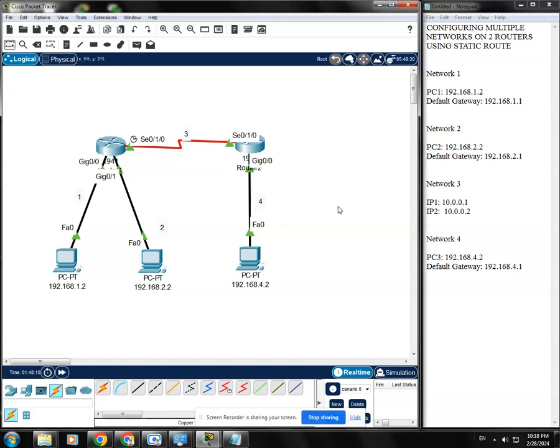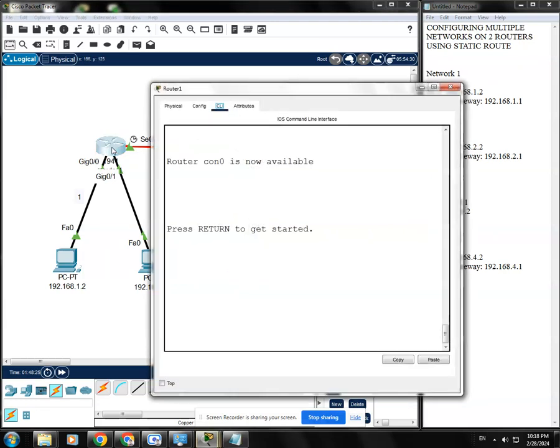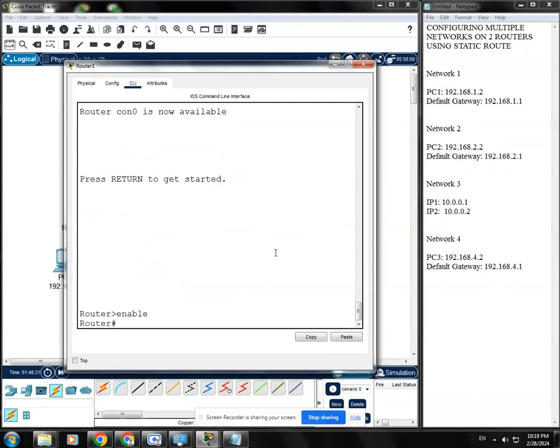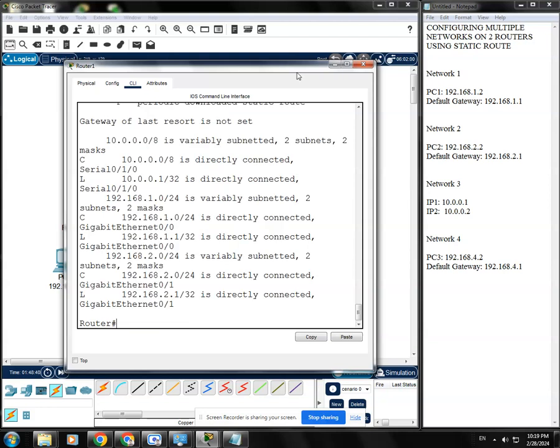So what we need to do now is view the IP route on this router, just to prove to you that it cannot reach this network. I'm going to open this router, go to the CLI, hit enter, and type enable to go to privilege mode. Then in privilege mode, we type show ip route and hit enter.